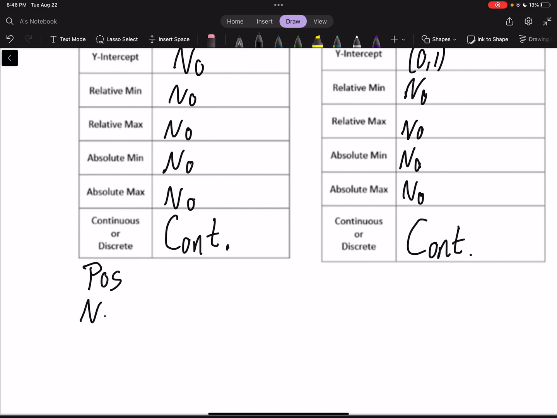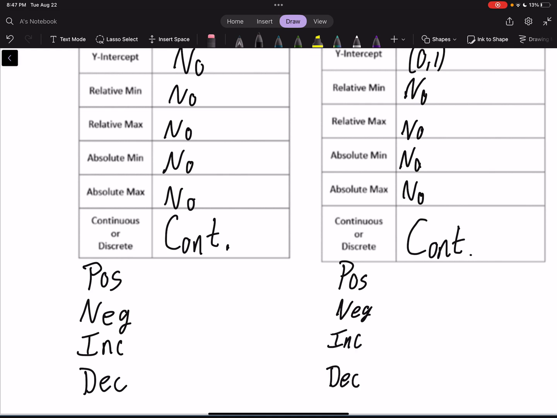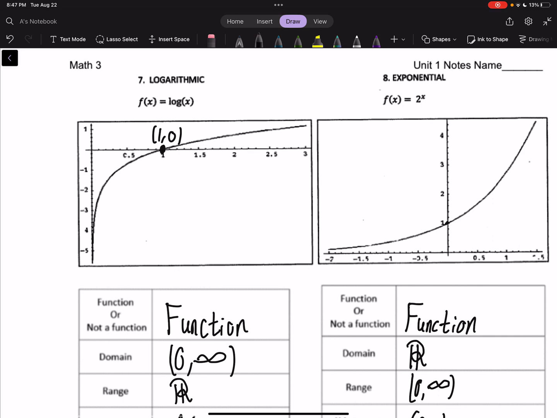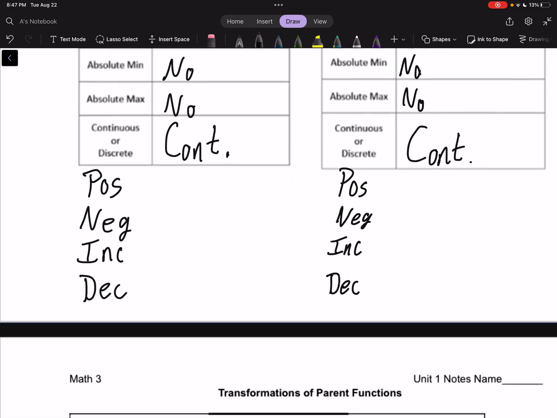Alright. Positive, negative, increasing, and decreasing. Logarithmic is positive from 1 here to the right, so from 1 to infinity.